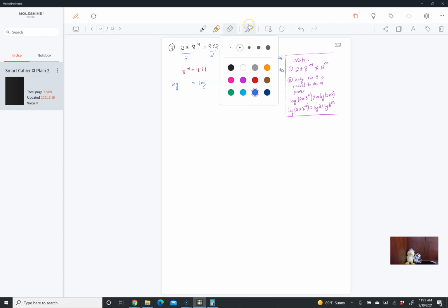On the left, we have log of 8 to the m. And on the right, we have log of 471.